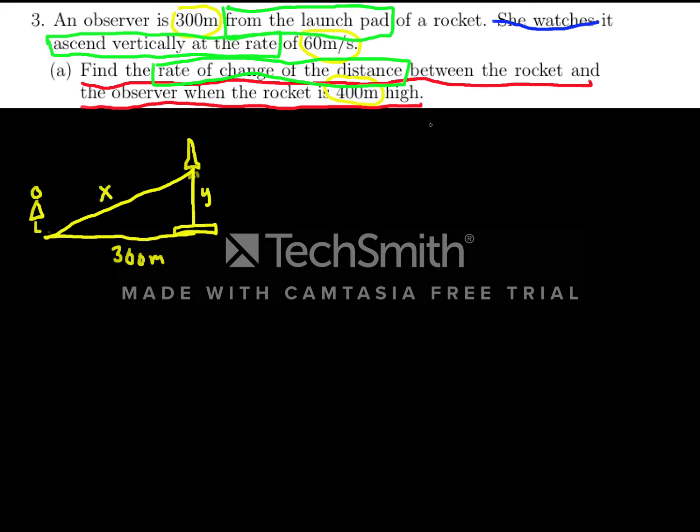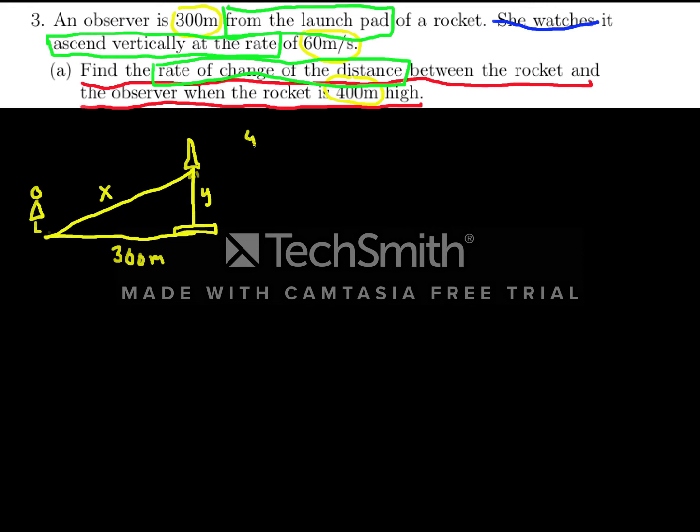So we've got a nice diagram, at least relating x and y, the rocket, the observer. We've expressed this: from the launch pad is 300 meters, ascending vertically. That's a rate of change, so we need to write that here. Well, first let's make sure it's clear.